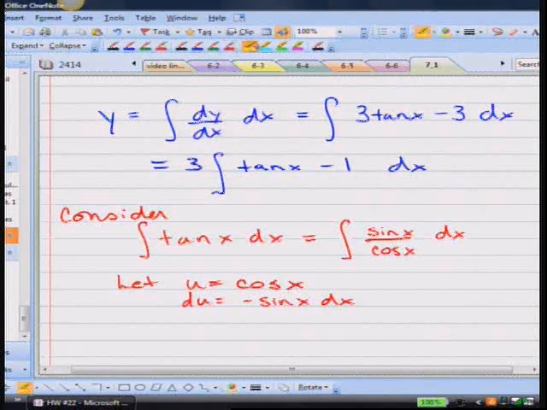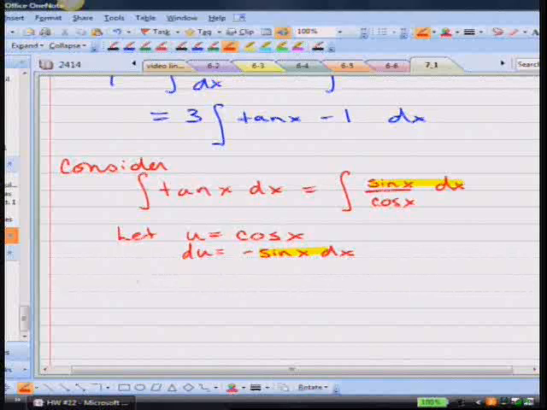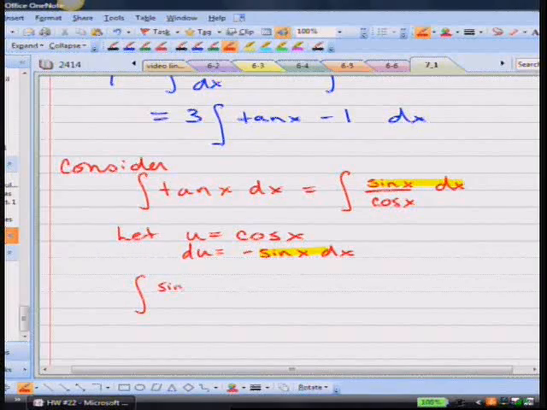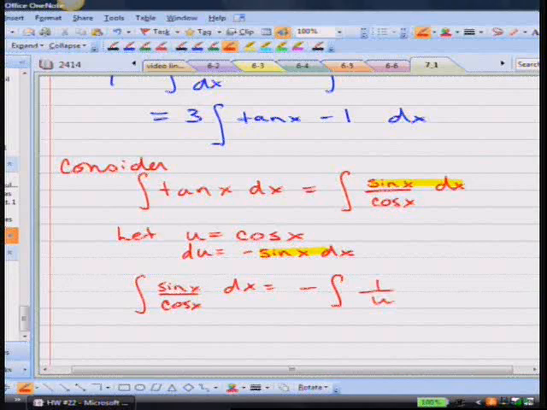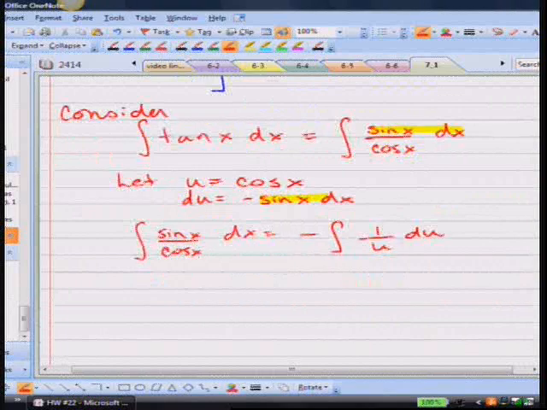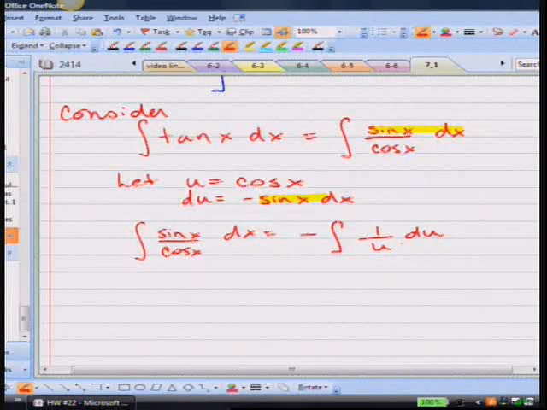Well, that's almost exactly what you need, right? You're just going to have a negative in front. So the integral of sine x over cosine x dx is equal to the opposite of the integral of 1 over u du. And you know the integral of 1 over u du is ln absolute value of u.